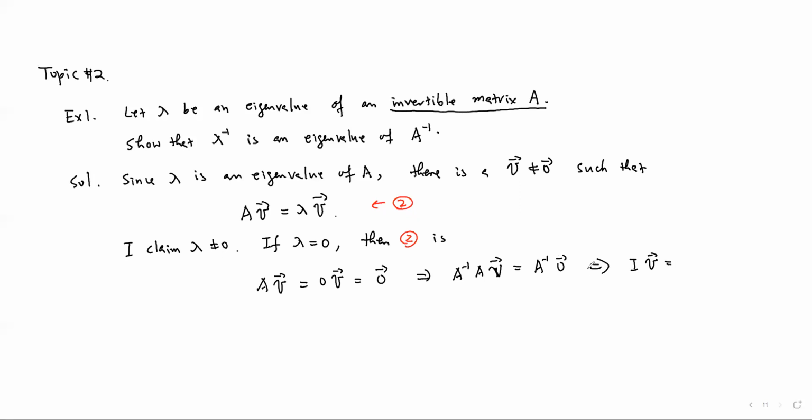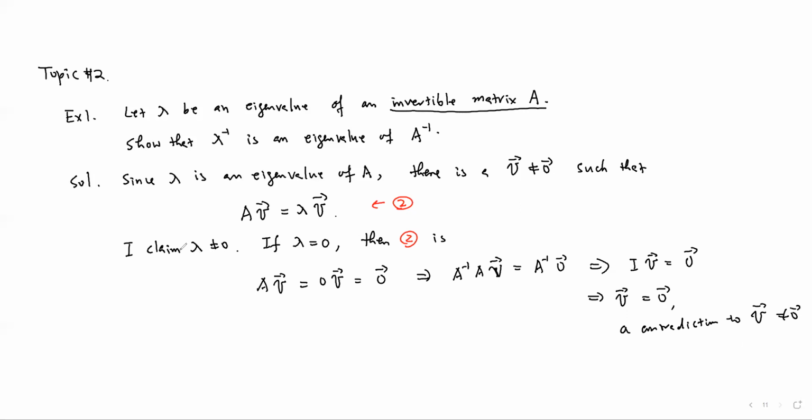A matrix times the zero vector is the zero vector. So v is 0, a contradiction to v being non-zero.